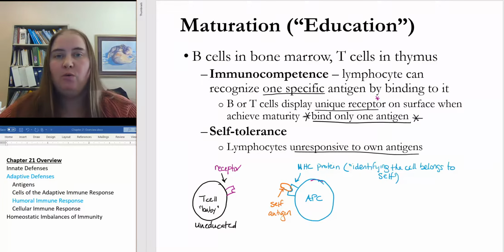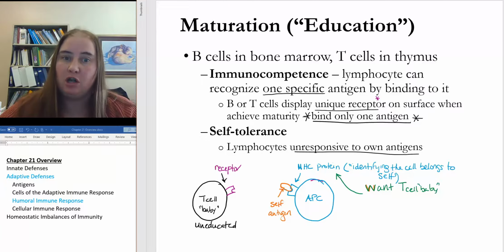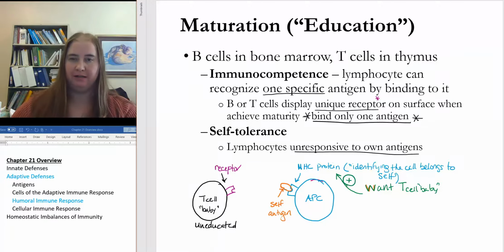So we want that baby T cell to recognize this MHC protein because we need it to know how to identify or recognize a cell that has a self marker. So we need it to identify this.